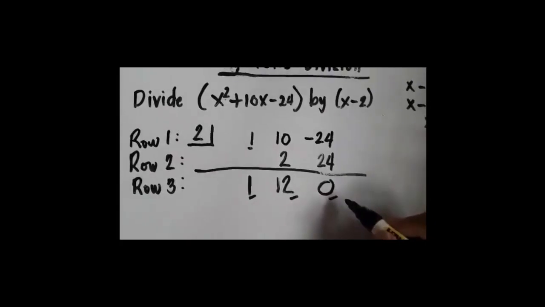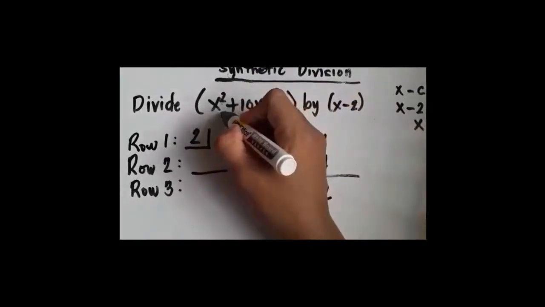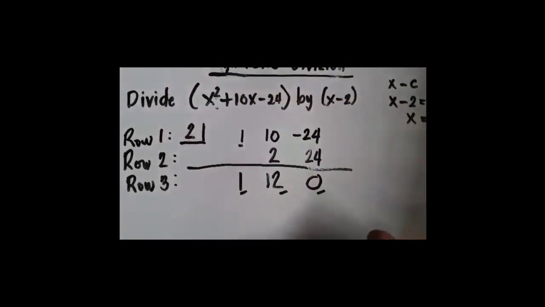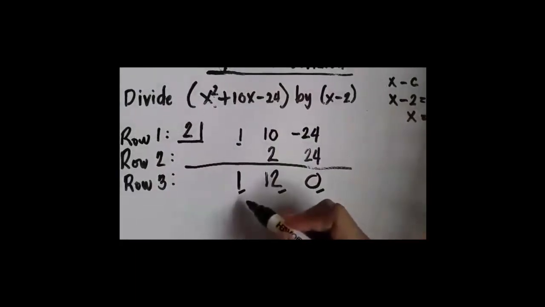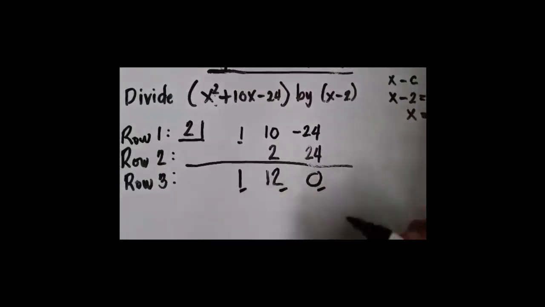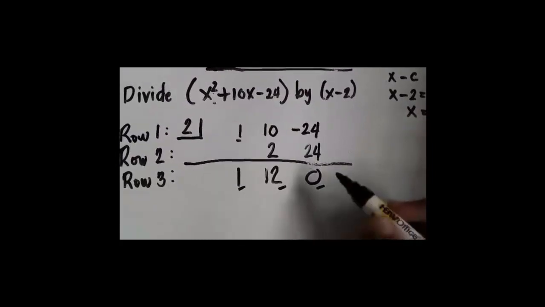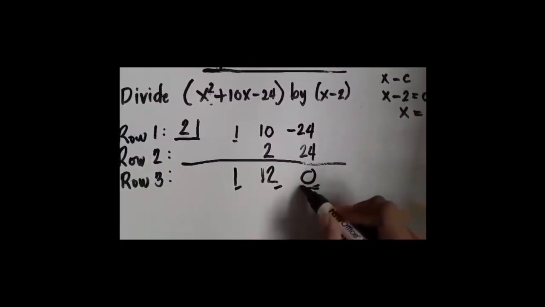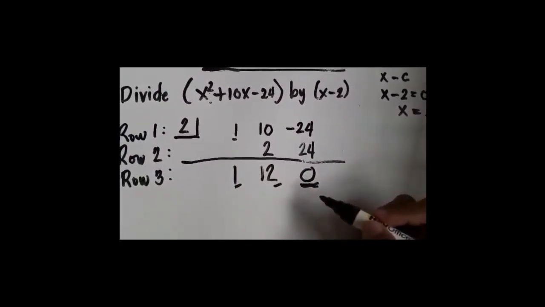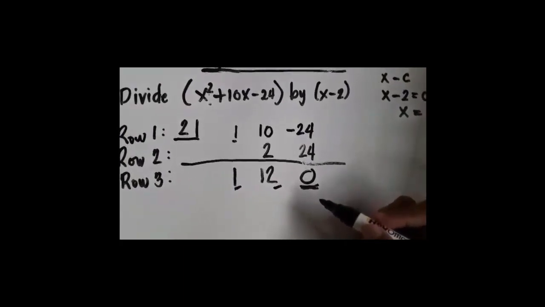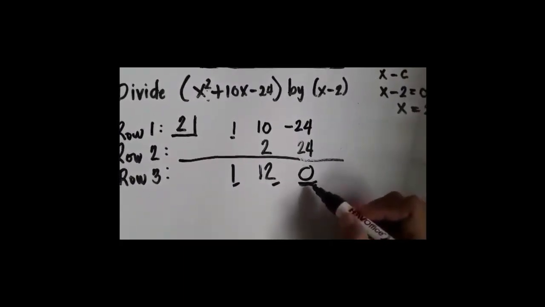Since ang dividend natin ay meron tayong second degree, so sa quotient, mababawasan ng isa. So, nasa first degree yung ating quotient. So, the last number in row 3 is the remainder. So, yung last number natin sa row 3 will serve as our remainder, and that will be equal to 0.